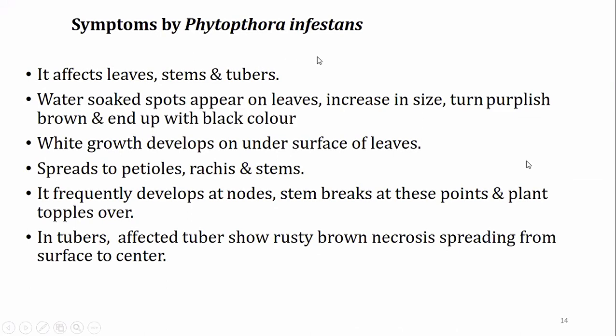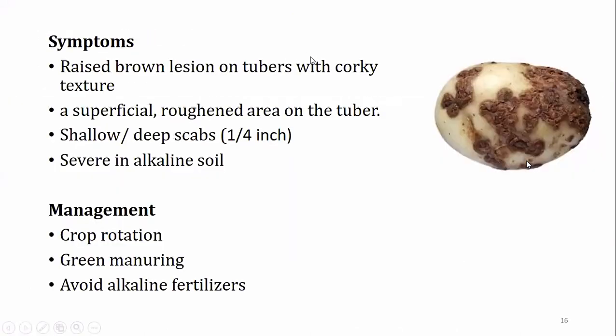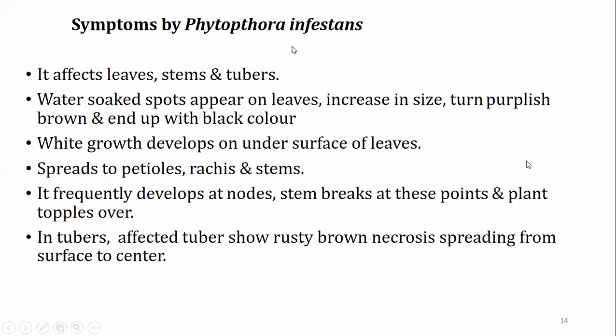Damage symptoms in Phytophthora infestans: it affects the leaves, stems, and tuber parts. All the parts it will affect. Here, water-soaked spots appear on leaves, increase in size, and turn purplish brown and end up with black color.